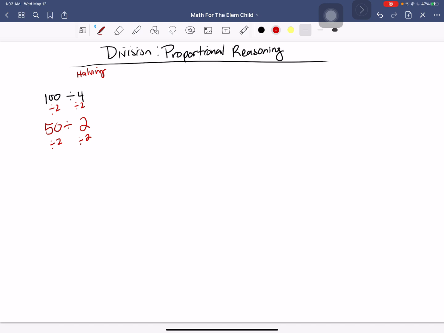So 50 divided by 2 is 25, and then 2 divided by 2 equals 1. So 25 divided by 1 equals 25. So 100 divided by 4 equals 25.